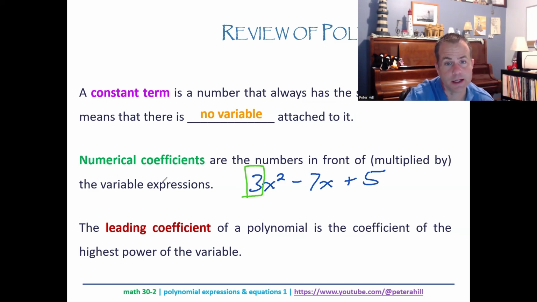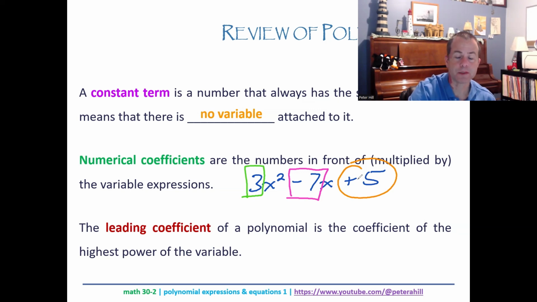Be careful with that guy. You would want to answer the coefficient on x is -7 because you always have to take into account the sign that's in front of that number. Okay. And then we might as well finish this statement. I would say, hey, what's the constant term? The constant term is 5 because there's no variable attached there.